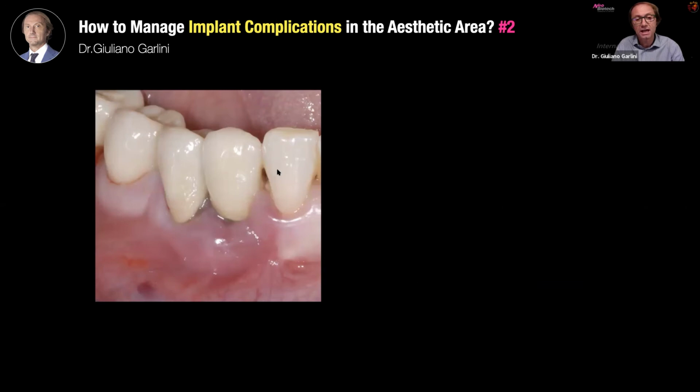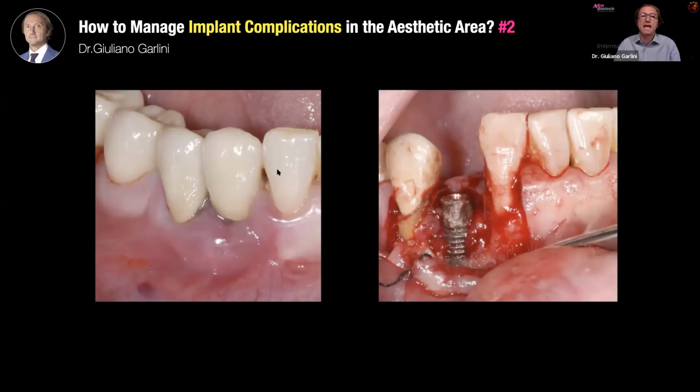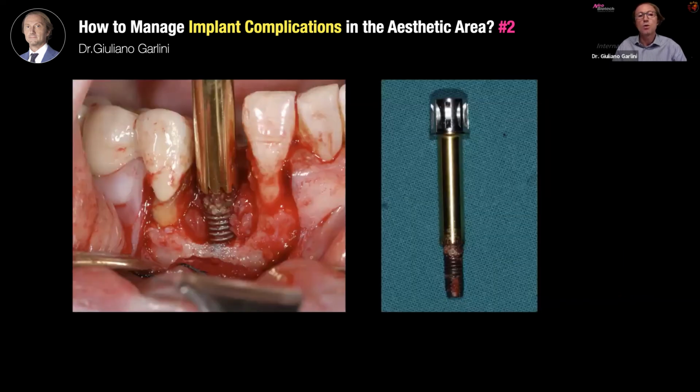Here we have a canine with a 15 millimeter long implant, and it must be removed for a very deep periimplantitis, and also because the implant was not inserted completely into the bone. So it was really well osseointegrated, and we removed it by the use of a fixture remover.